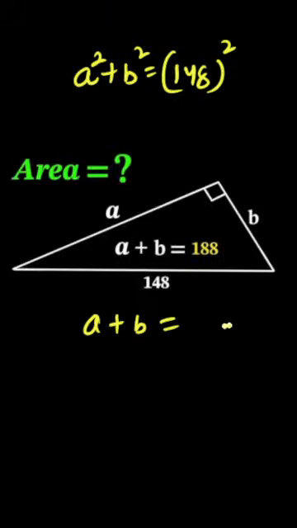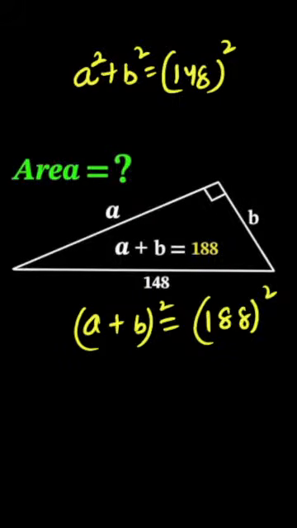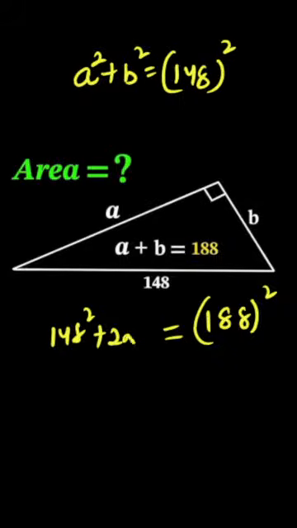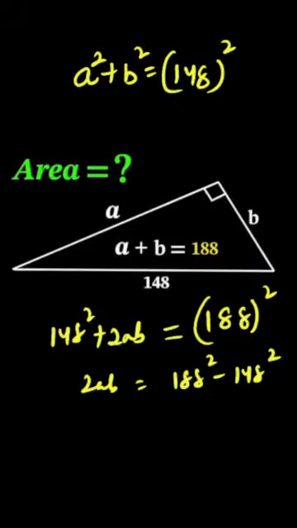If I square both sides, this will become a square plus b square plus 2ab. But I already have the value of a square plus b square, so I'll substitute it directly. It would be 148 square plus 2ab, correct? Now this 2ab is going to be 188 square minus 148 square.